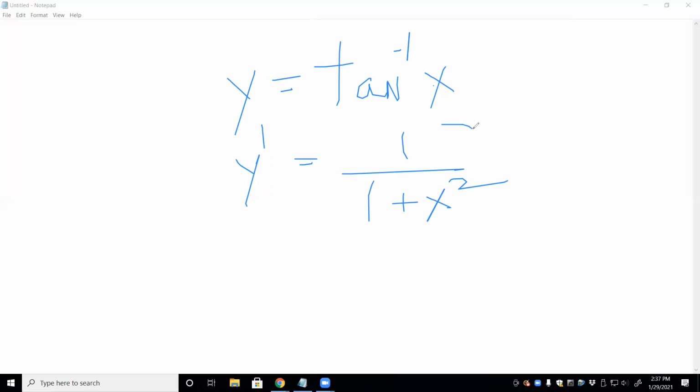That's algebraic. That's not a trig function. So when you take derivatives of trig functions, you get trig functions. But when you take derivatives of inverse trig functions, you get polynomials. And they're going to ask you to memorize those 6.